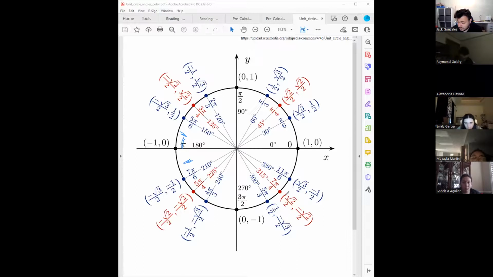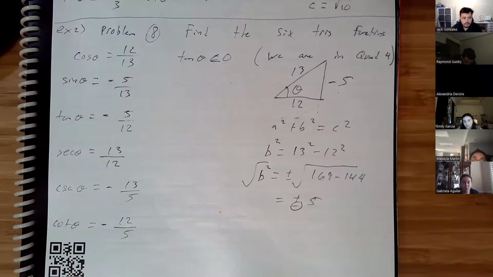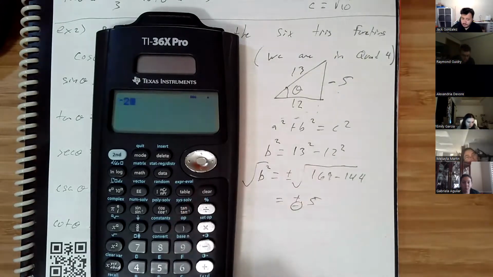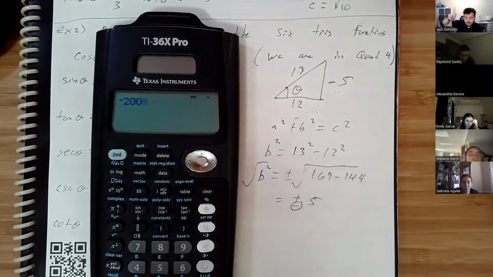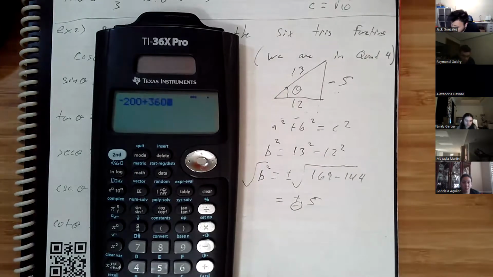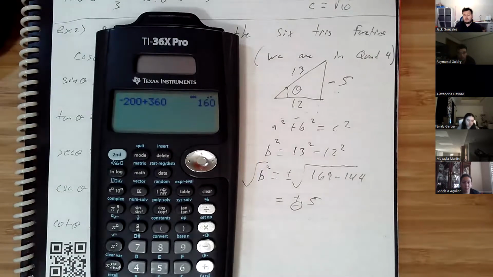So an easy way to do this, you know what, I don't want to deal with the negative. Negatives are weird. So don't forget to add to the question negative 200. I'm going to switch over to calculator. Now, negative 200, if we add 360, you agree that we'll end up at the positive version, right? We will end up at a coterminal angle. So we don't have to deal with this nonsense. So now I can just think in positive terms and not confuse myself.